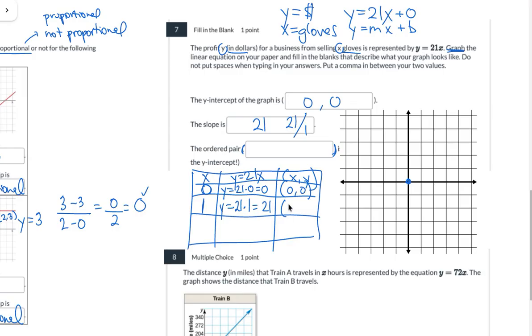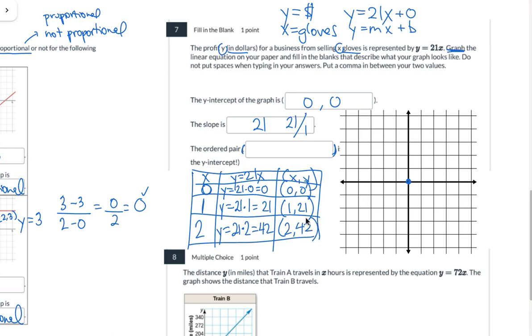So that coordinate point is (1, 21). All right. Now, normally I could go with a -1, but does that make sense in this situation, to sell negative pairs of gloves? Not really. So I'm going to go ahead and choose 2 and say y equals 21 times 2 equals 42, which means if I sell 2 pairs of gloves, I make $42.